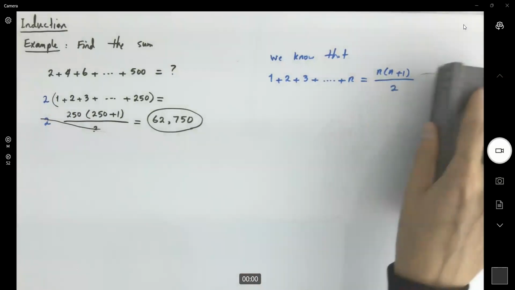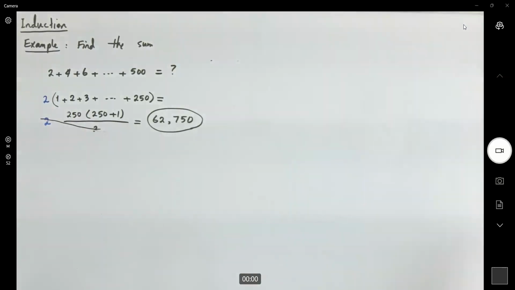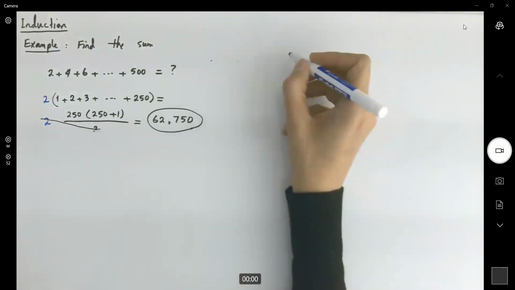Before moving on to the next example, let us write this definition. Just a quick note for you.